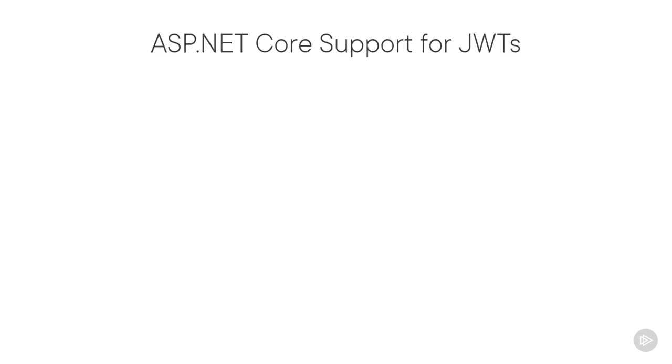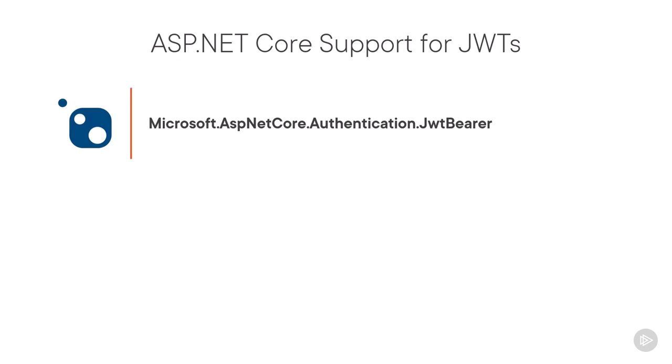Working with ASP.NET Core Web APIs, there are several NuGet packages you can use to support JWTs. The first is the Microsoft.AspNetCore.Authentication.JwtBearer package. This provides middleware allowing an application to receive and verify bearer tokens.